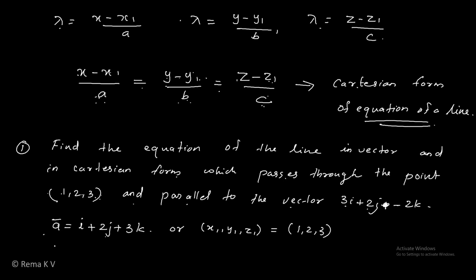And now vector B, which is parallel to the line, is to be taken as 3i plus 2j minus 2k, or you can write this as a, b, c, the direction ratios, equal to 3, 2, minus 2.